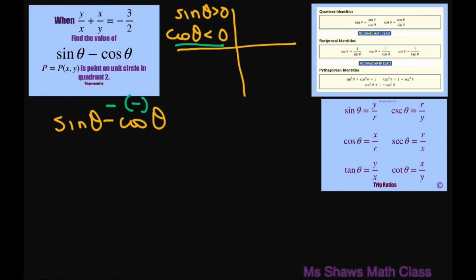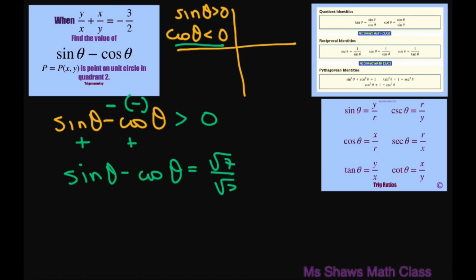And so this is going to be positive, positive. So this is going to be positive. That means our sine of theta minus cosine of theta is only going to be positive square root of 7 divided by square root of 3. We're not going to take the negative.